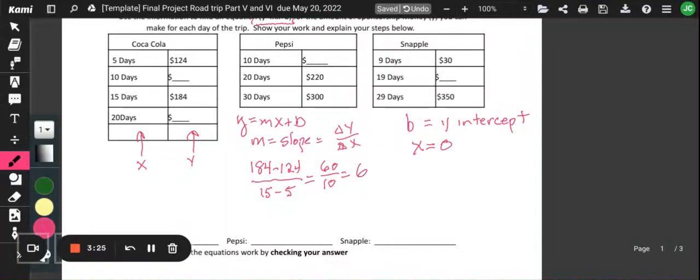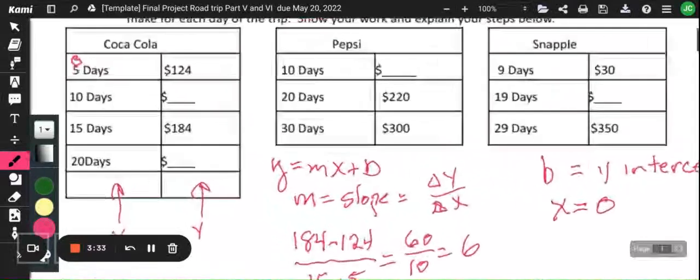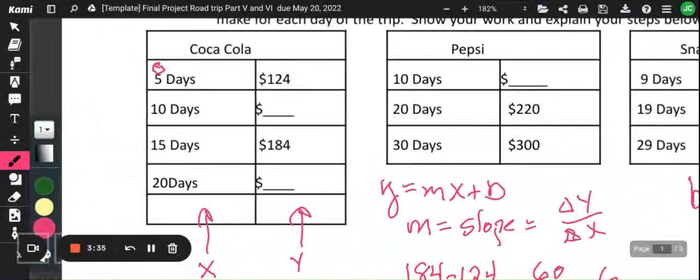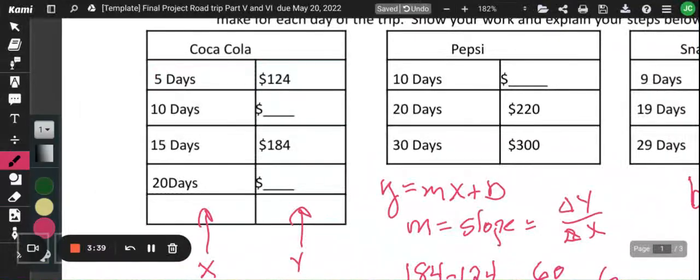What is y when x equals 0? So if I go back here and I just add a row, I have 0 days. So the question is, what's the amount going to be at 0 days?